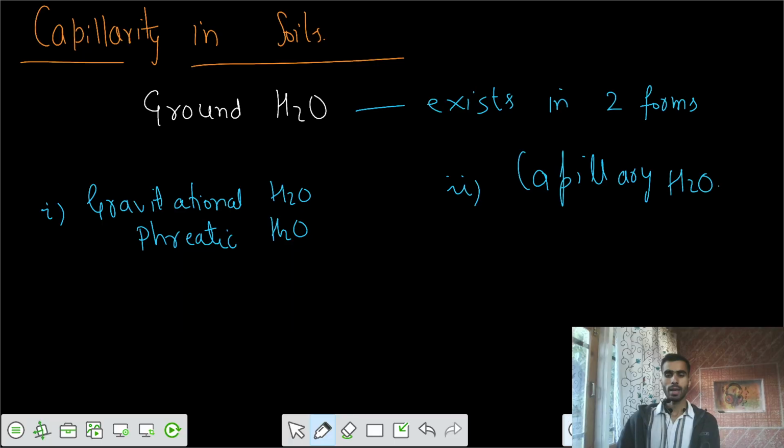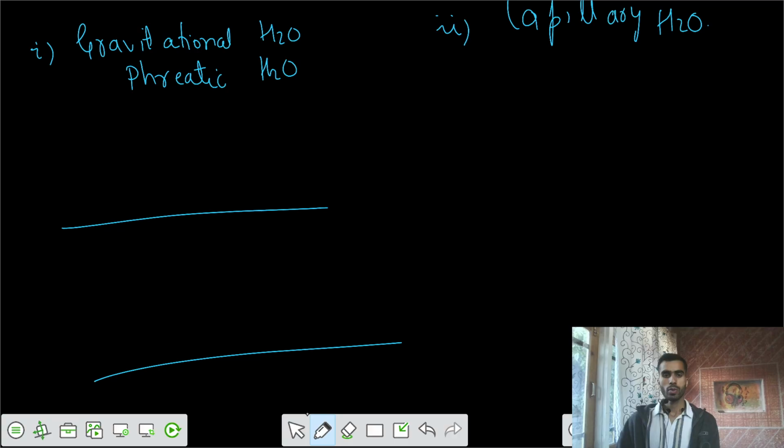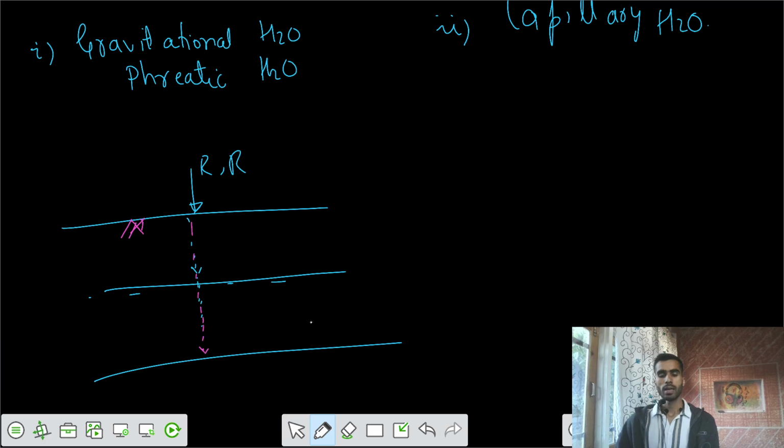The first one is obvious: you have the soil mass. The water comes from rainfall and runoff, and it's going to percolate to below the ground level, inside the earth.